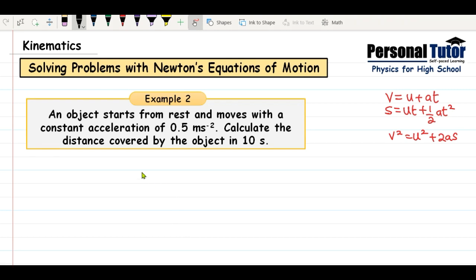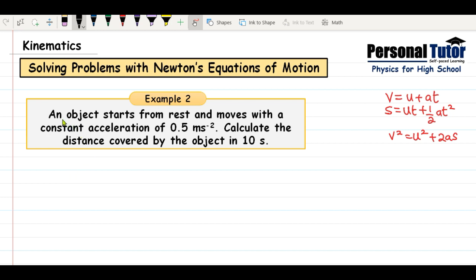Example number 2. An object starts from rest and moves with a constant acceleration of 0.5 meters per second squared. Calculate the distance covered by the object in 10 seconds. Let's list the parameters and data given in the question.